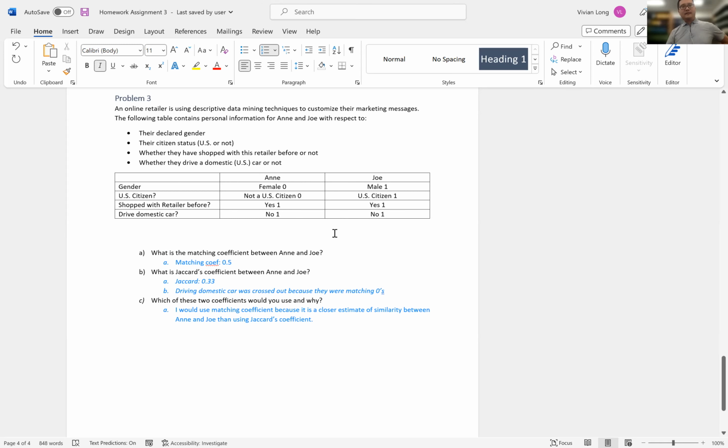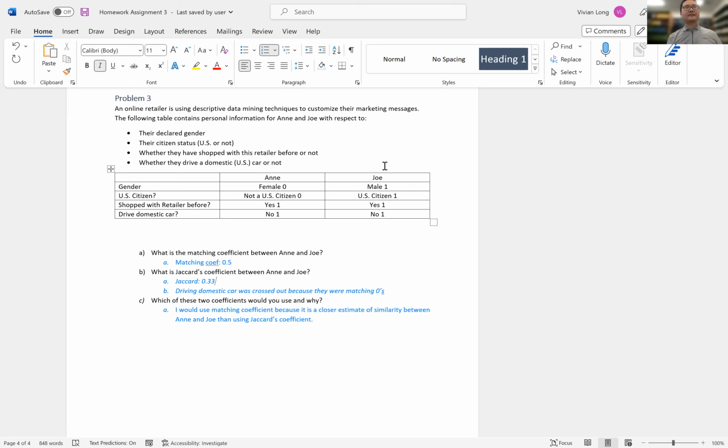Oh, I see. So basically you're suggesting that the matching coefficient accounts for all the 4 variables, whereas the Jaccard's coefficient does not necessarily account for all the variables, in terms of the true match between the two. Okay, yeah, that's a good interpretation. However, by true match, there can be different understandings of what a true match indicates.